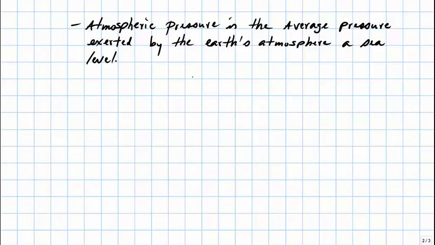The pressure that's exerted by the Earth's atmosphere, which we're going to label as P atmospheric, equals 1.013 times 10 to the 5th pascals. And remember, a pascal is just a Newton per square meter. If we converted this to the British system, we would find that this value equals 14.7 pounds per square inch.